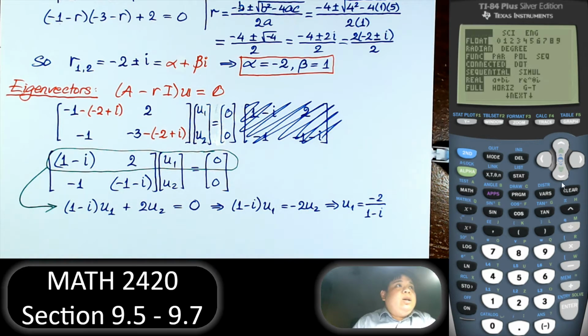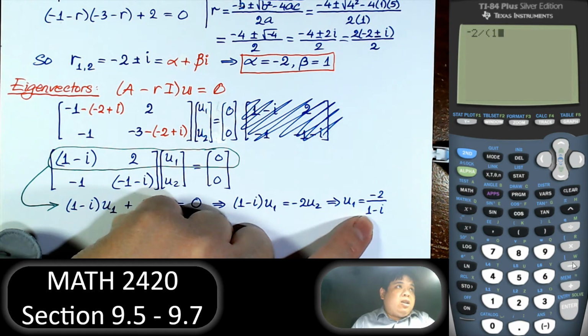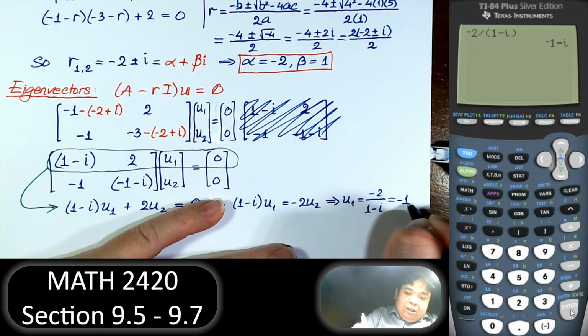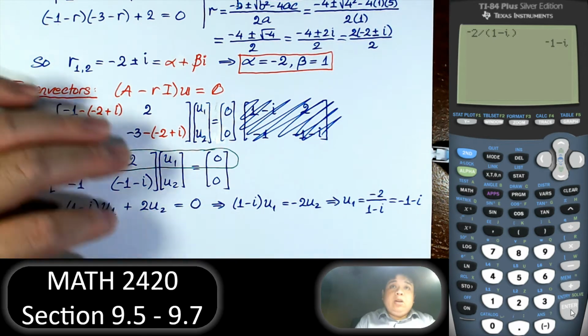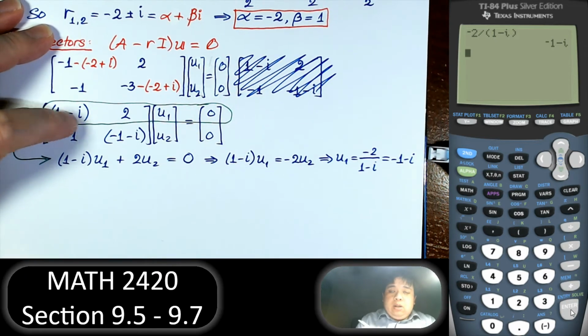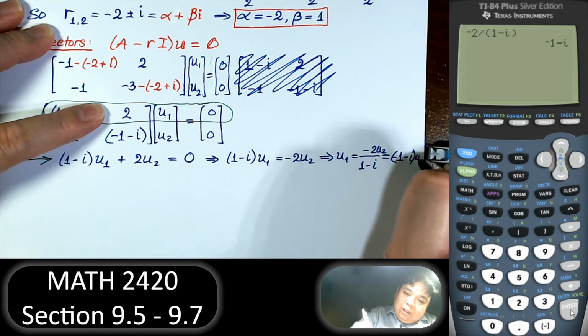Even though it doesn't do the reduced row echelon form, the calculator can divide complex numbers. Hit mode, go to a plus bi, and select that. We have -2 divided by, open parentheses, 1 minus i. We get -1 minus i. So if we write it out, there's a u2.